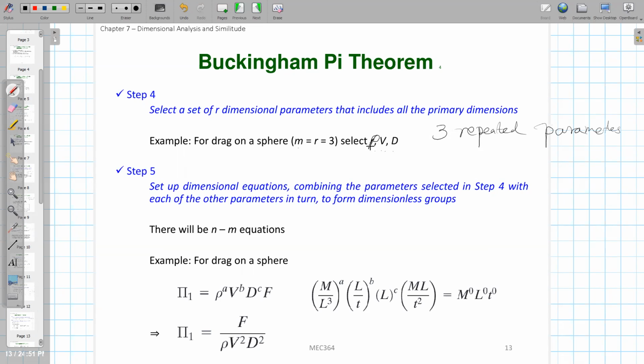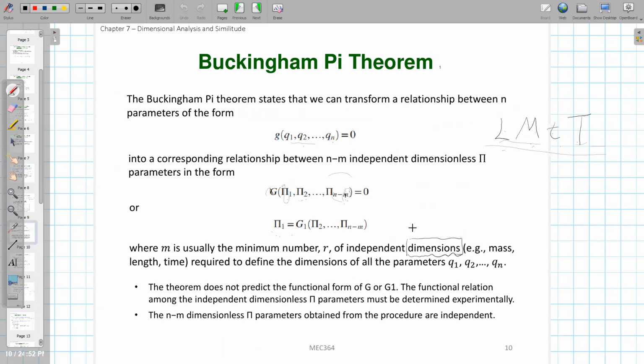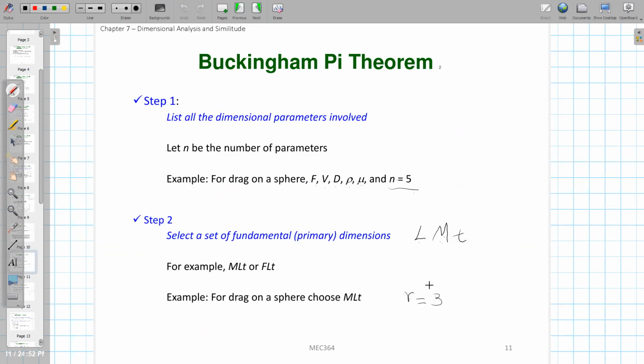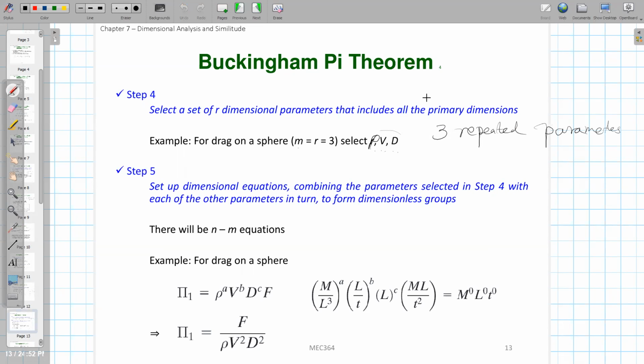It means these 3 parameters will be shown in all dimensionless parameters. Remember, from this Buckingham pi theorem, for this problem we will have 5 minus 3, so in the end we will have 2 dimensionless parameters as a result. We choose these 3 repeated parameters, which means all these 3 parameters will be shown in those 2 dimensionless parameters.